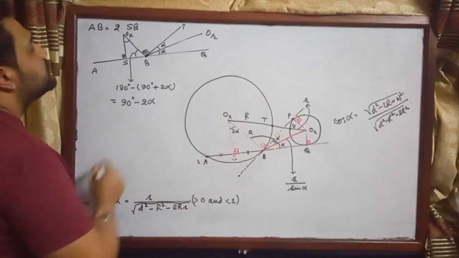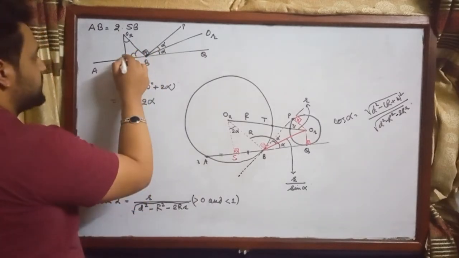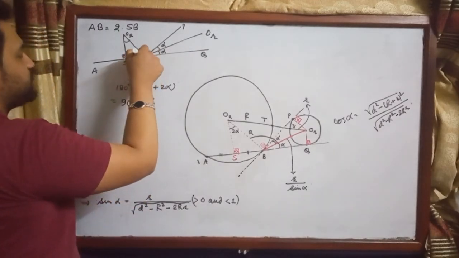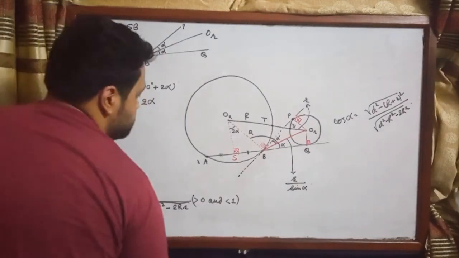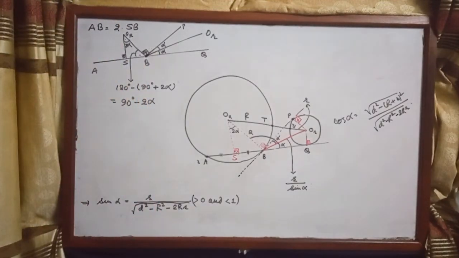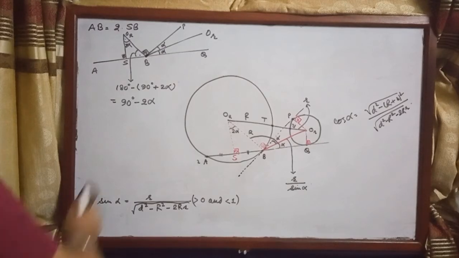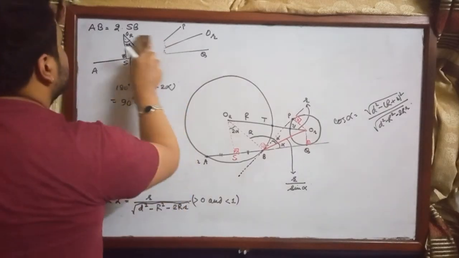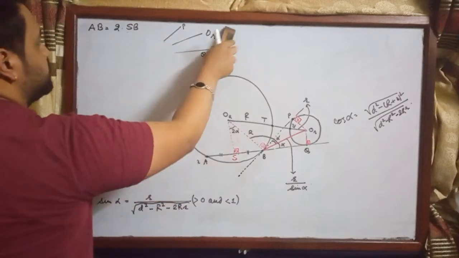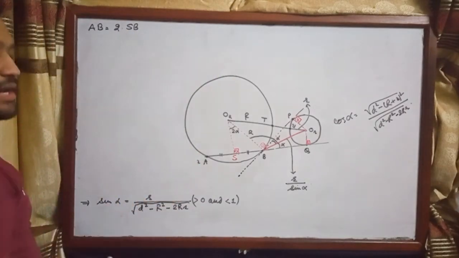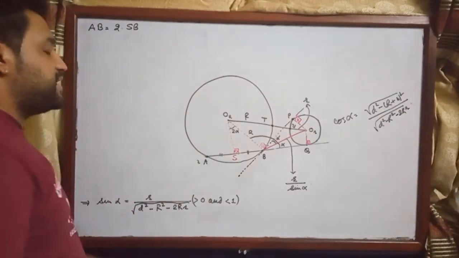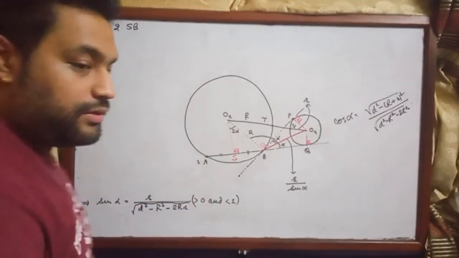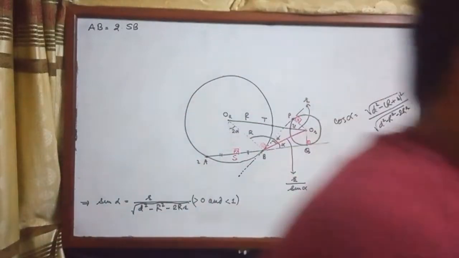So since this is 90 minus twice alpha, this angle will be twice alpha. Now we shall simply express SB in terms of R, D, and small r.